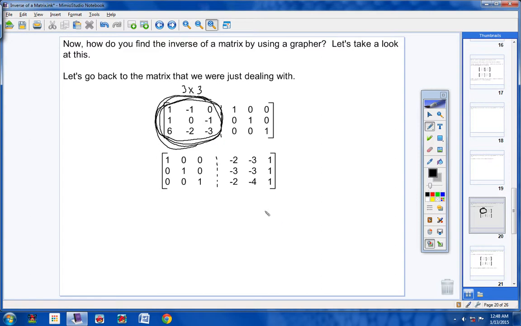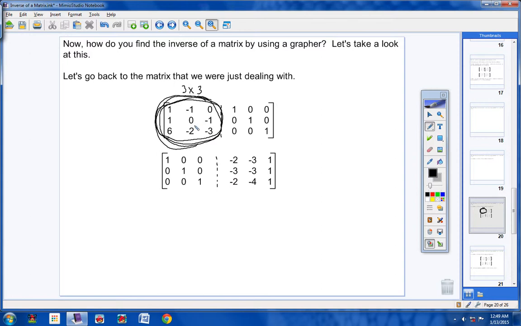So check them, make sure you've entered them correctly. Okay, I'm going to continue on. Now, students, I'm not sure where you entered this matrix. You might have entered it in matrix A or B or C. I'm going to pretend that you entered it in matrix A.